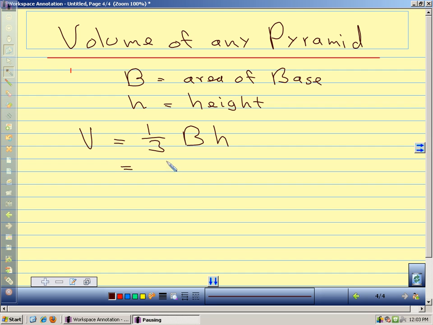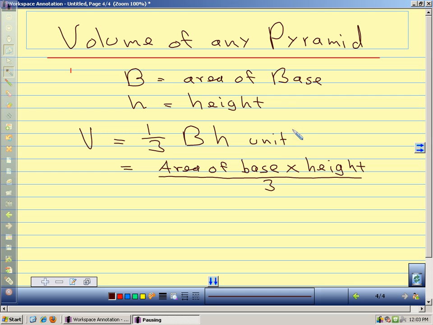And we could write this as area of base times height divided by 3. And our units are going to be units cubed, always for volume.